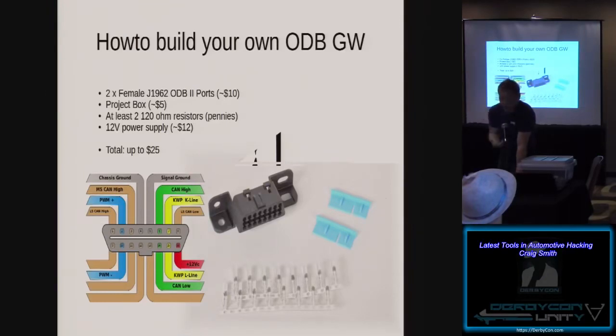And depending on what car you're trying to mimic, you may want to wire up some of the other ones too. So if you're doing an American car, they'll typically have more CAN. So that's a high-speed CAN, but they may have a middle speed CAN or low speed CAN. And in those cases, you want to run those too. But sometimes it's K-line or something else. So your setup will vary, but if you keep it to just CAN high, power, and ground, it's fairly universal.